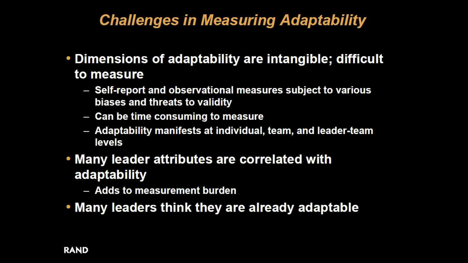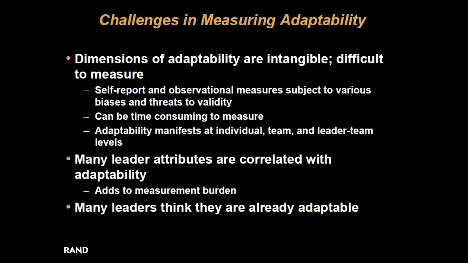So it's hard to measure adaptability. These constructs are intangible, and there are a lot of difficulties in trying to capture them. Some of the previous presentations have talked about other attributes of individuals that might be correlated or predict adaptability. And many leaders already think they're adaptable.